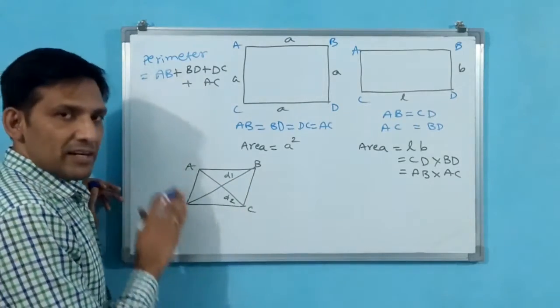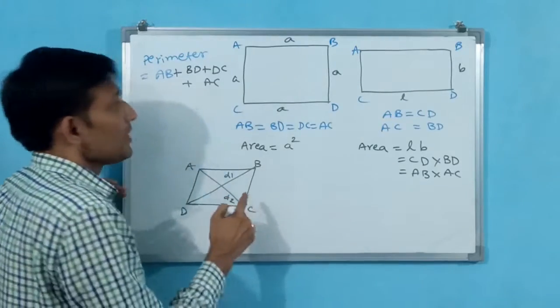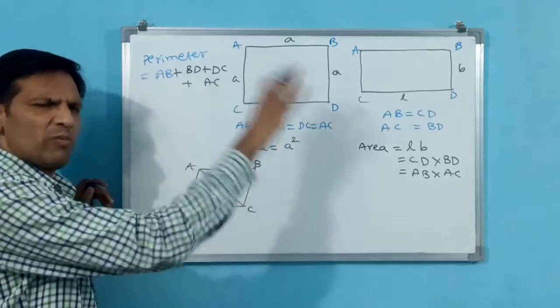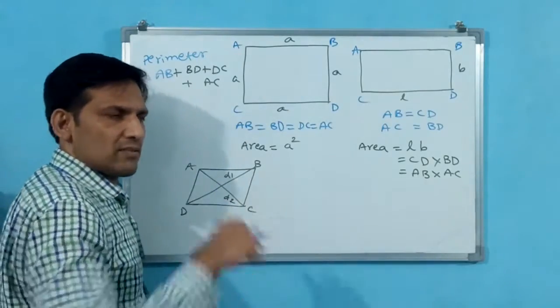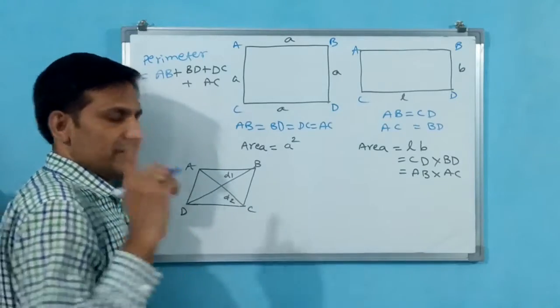For a parallelogram, the perimeter I need not tell you: AB plus BC plus CD plus DA, all four sides, for all quadrilaterals. I am talking only about area.